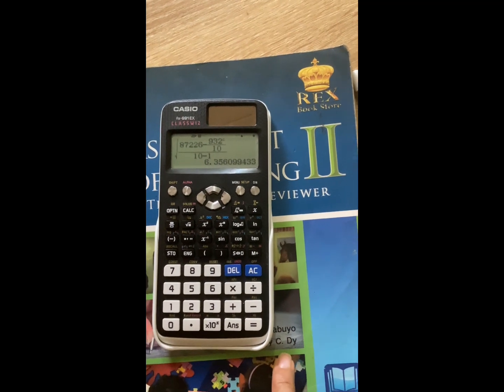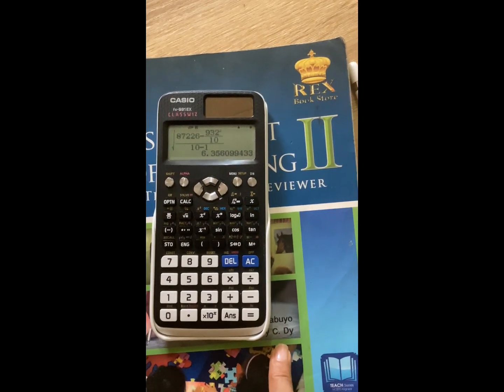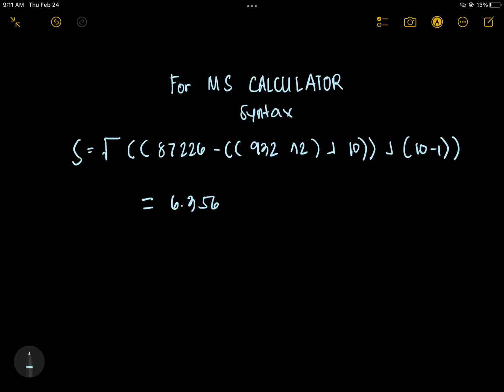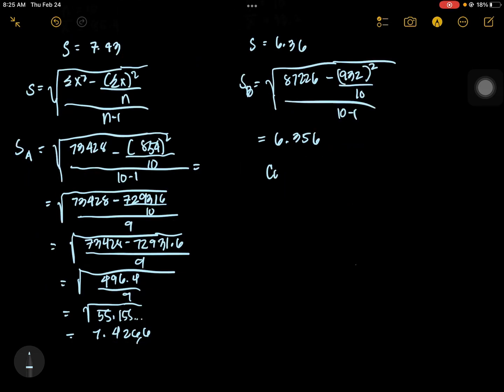You will have 6.356 as your standard deviation for section B. You may use this calculator syntax. The answer is 6.356.